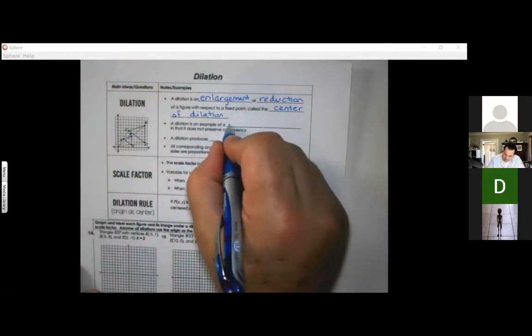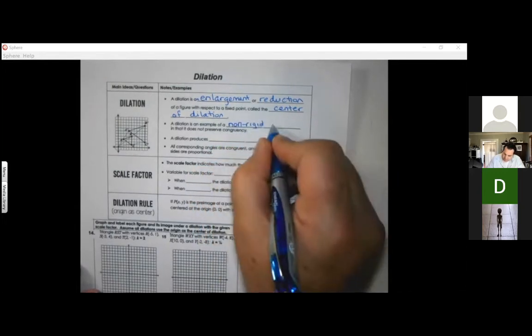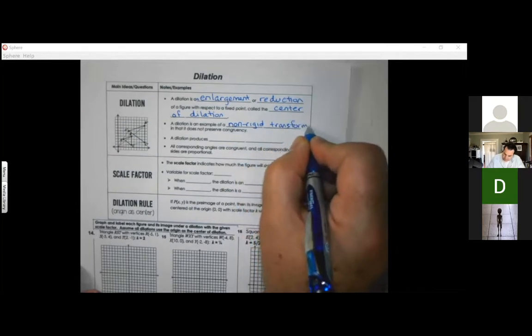A dilation is an example of a non-rigid transformation, in that it does not preserve congruency. They don't end up the same size.